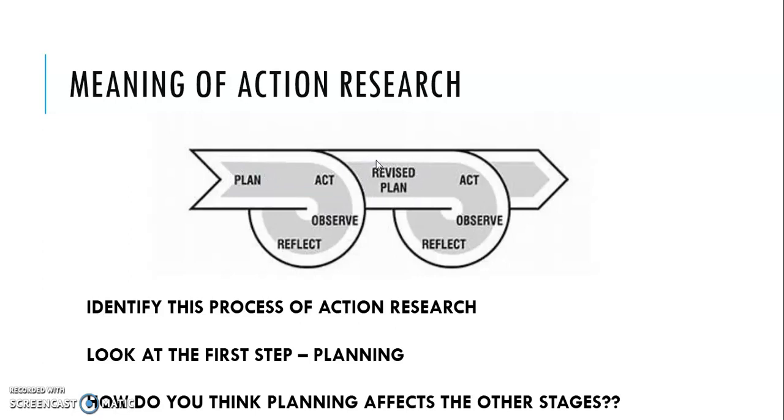I hope you understand the very important stage of planning. You have planning here and you have a revised plan. So you know that whatever plan you are making, it is flexible. It is amenable to changes.